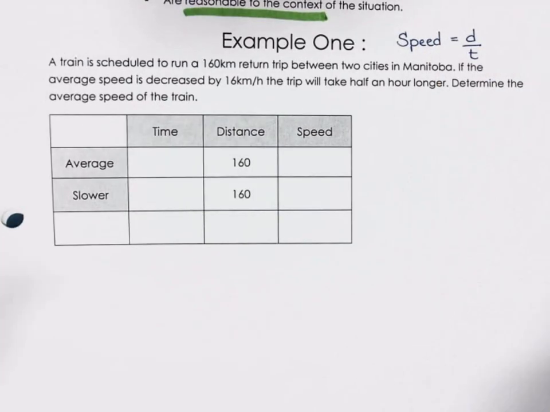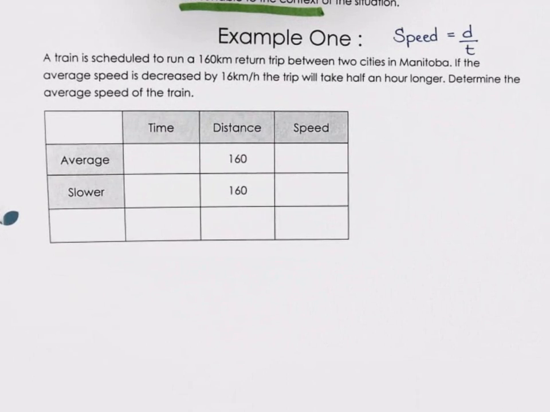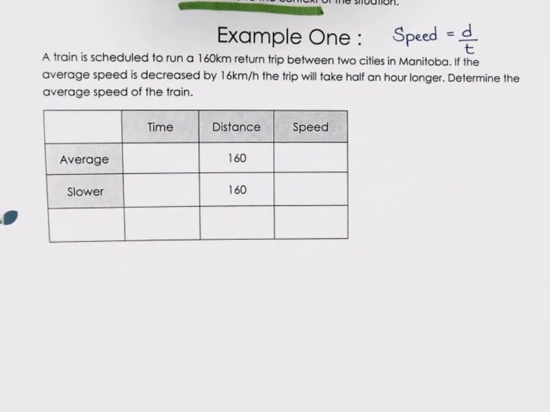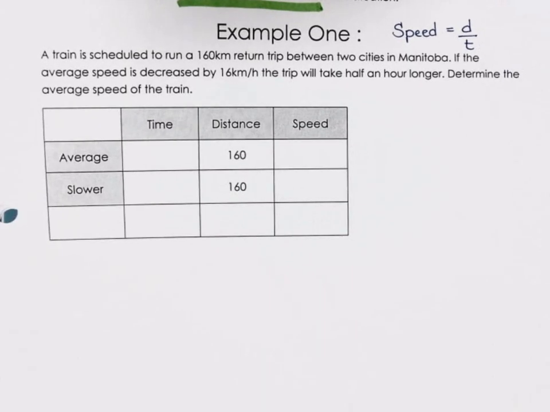It's not anywhere on your formula sheet, but my guess is you've all traveled in a vehicle before, and the speed limit is measured in kilometers per hour. So distance over time. You need that for this.